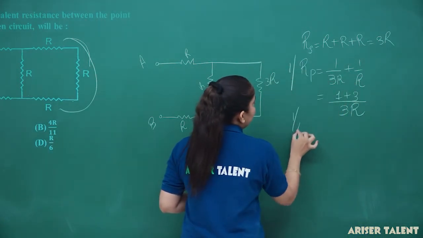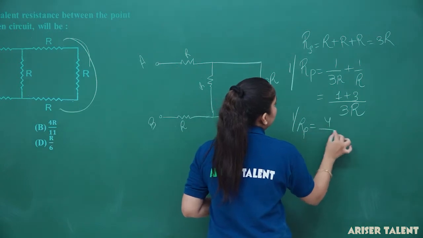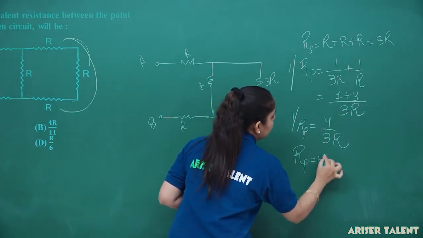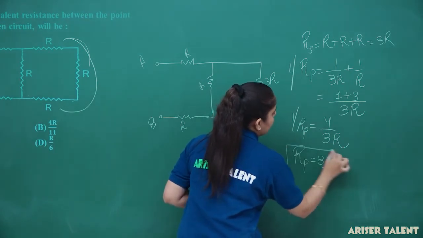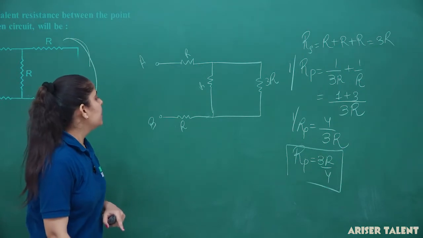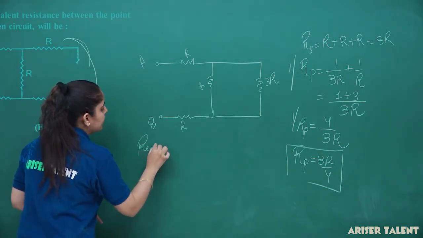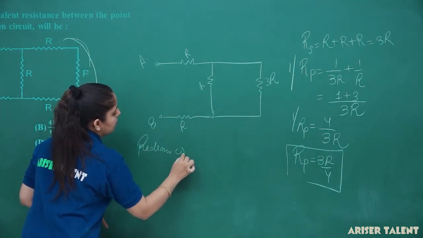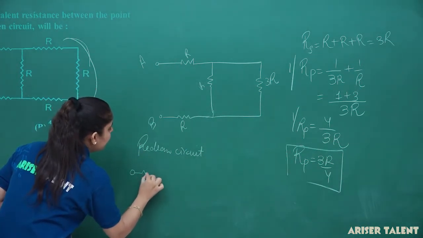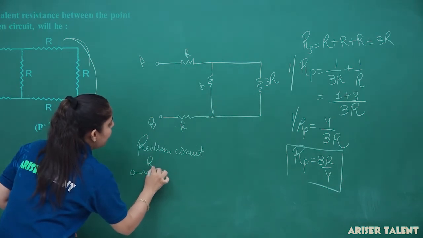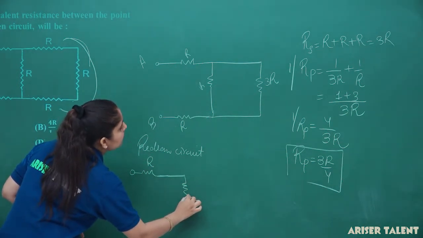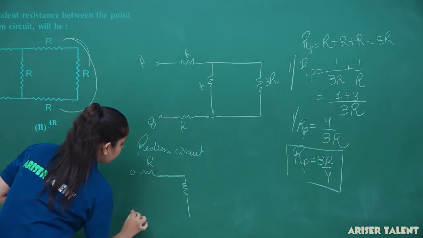So, 1 upon RP will be equal to 4 upon 3R and the value of RP will be 3R upon 4. So, this is the value I am getting from here. Now, I will redraw the circuit. If I am redrawing the circuit, this is our R and here we will get a parallel combination of the circuit.